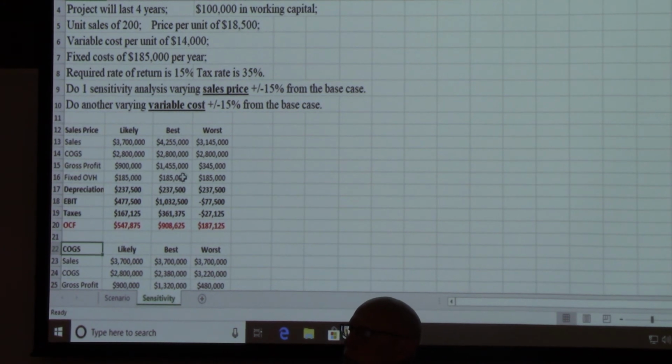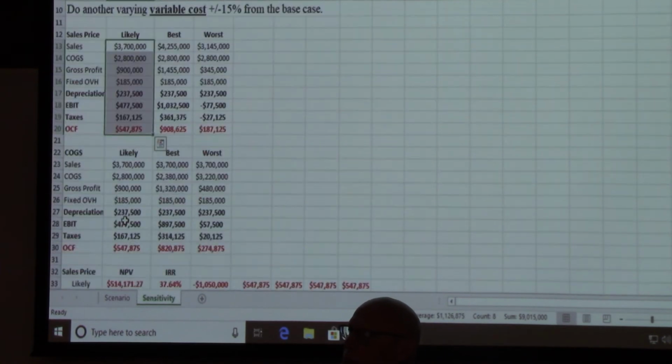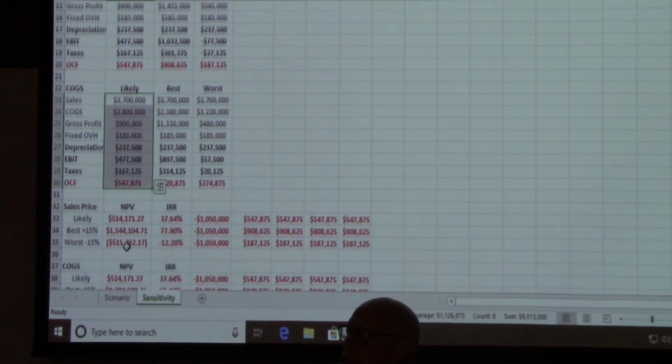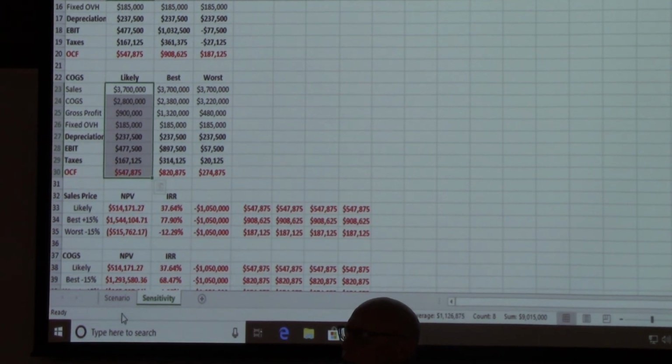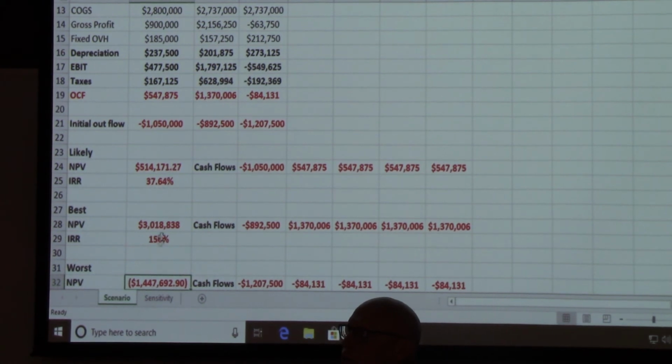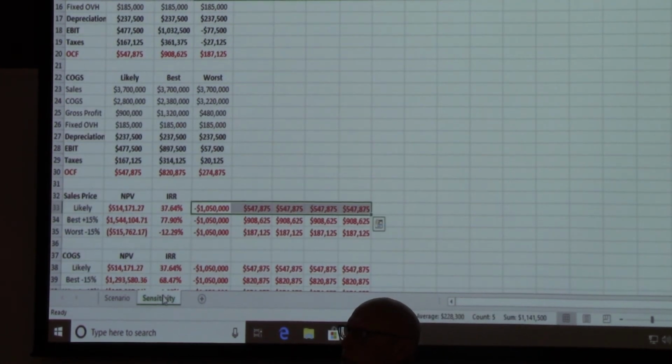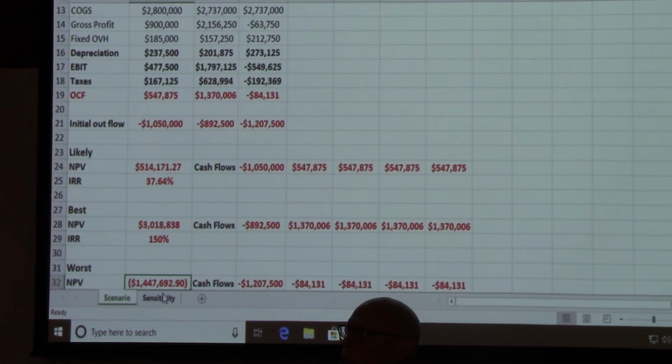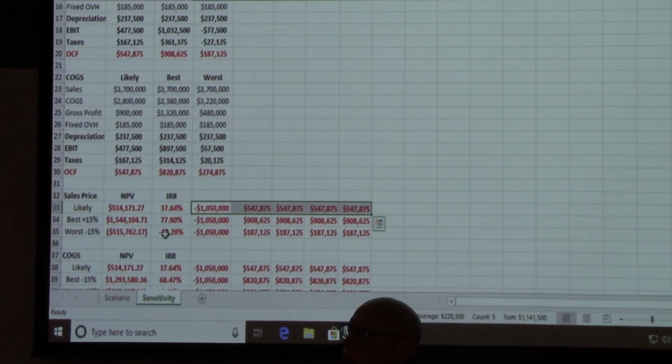So our likely case looks the same as it does on the previous page. Here's our likely net present value. Here are the cash flows. We already did that. Likely NPV 514,171, internal rate of return 37.64.